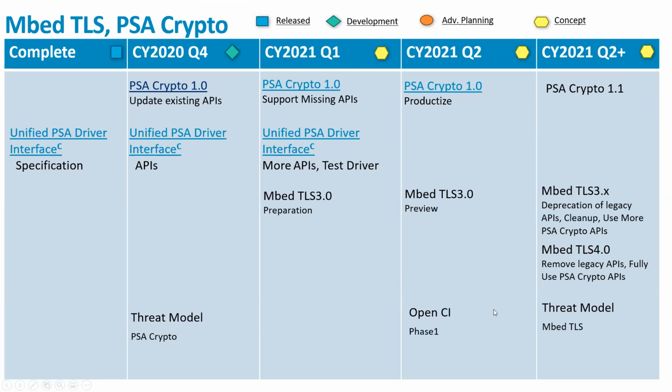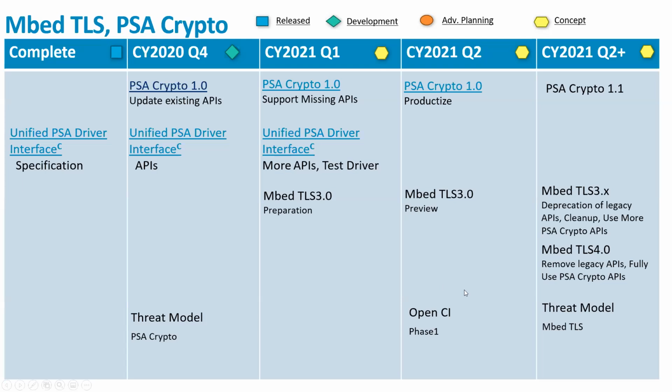Other things, OpenCI. So many of the presentations touched on it. It's an important part of making the project truly collaborative, because today you as a contributor push a patch to the Mbed TLS GitHub, you get some results from Travis, but there are other tests that run in the ARM internal test infrastructure, and you don't see them failing.